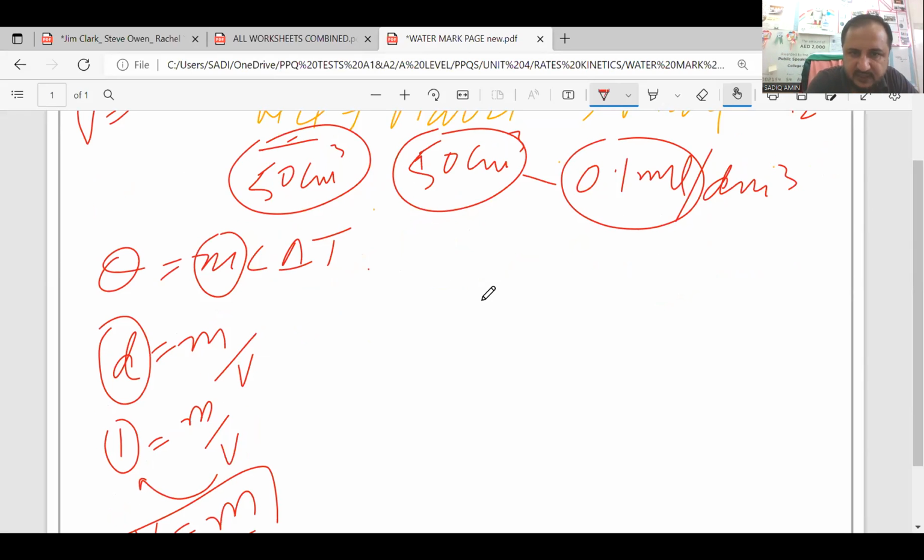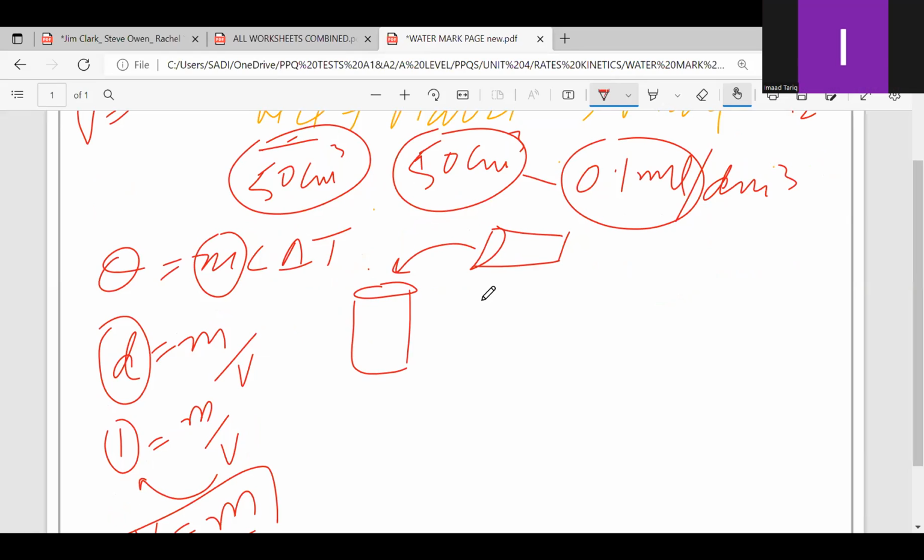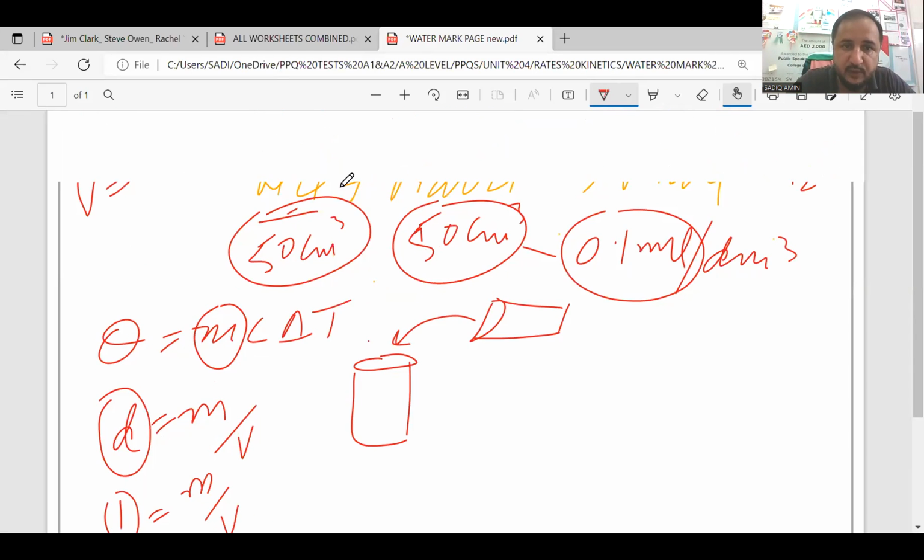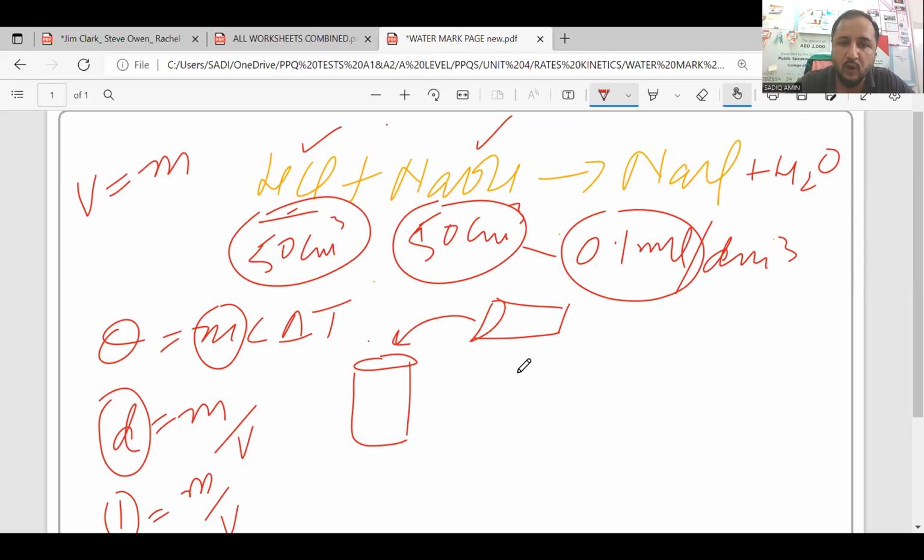Every reaction where you are dealing with aqueous solutions, the volume and mass will be equal, whether it's a neutralization process or any other process, because in water, density is considered to be 1.